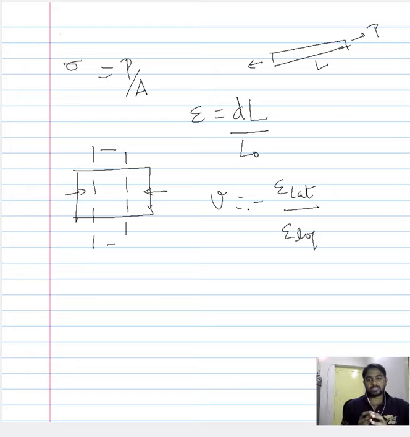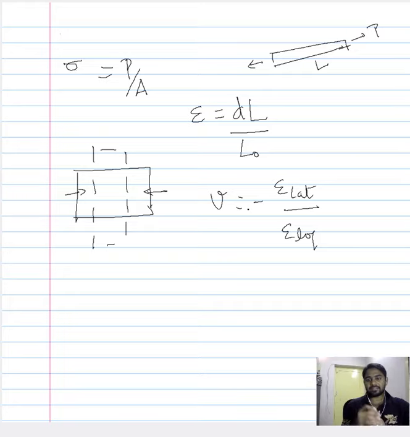Now since the lateral strain is nothing but the decrease in the dimension of the material along the lateral direction, in materials, particularly in metals and alloys, this negative sign that is given from the convention will turn into positive.